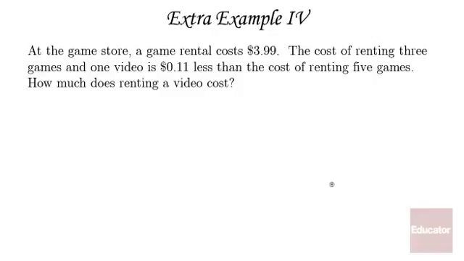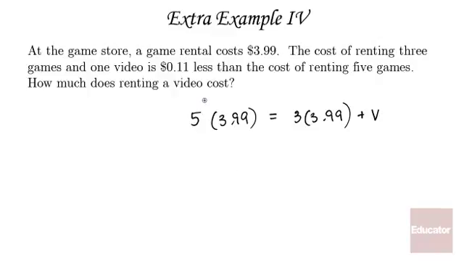All right, so if I were going to rent 5 games, that would be 5 times $3.99. And if I were going to rent 3 games, that would be 3 times $3.99 plus the cost of a video rental. And that would be 11 cents less than the cost.